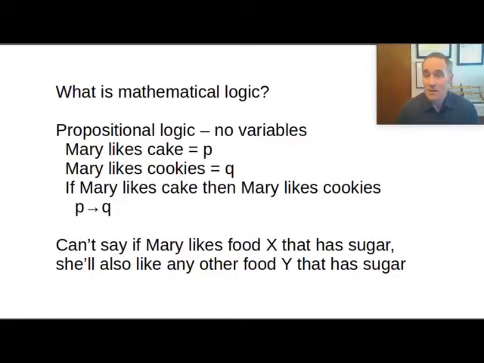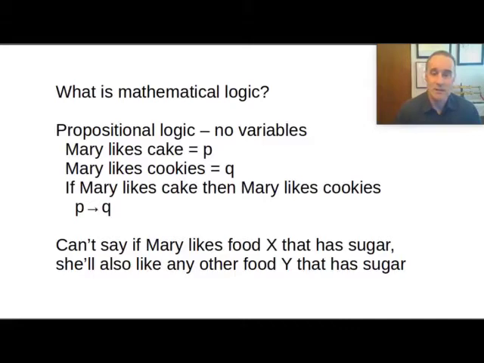There are many different kinds of mathematical logic. One of the most basic is propositional logic. So you might remember this from schooling at some point, if you had a scientific and technical education. So here's just some examples. A propositional logic has no variables. We take statements in natural language, like Mary likes cake, and we assign it a symbol.